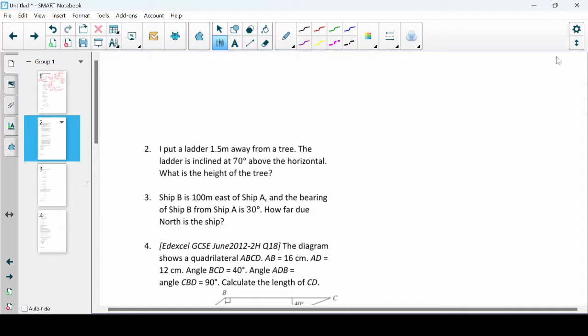So now it's a word problem, and it says that I put a ladder 1.5 meters away from a tree.